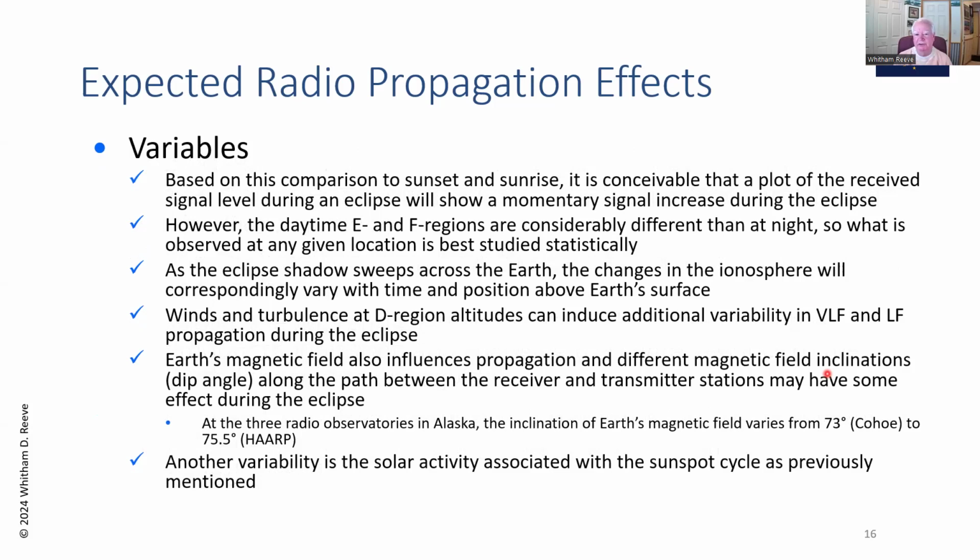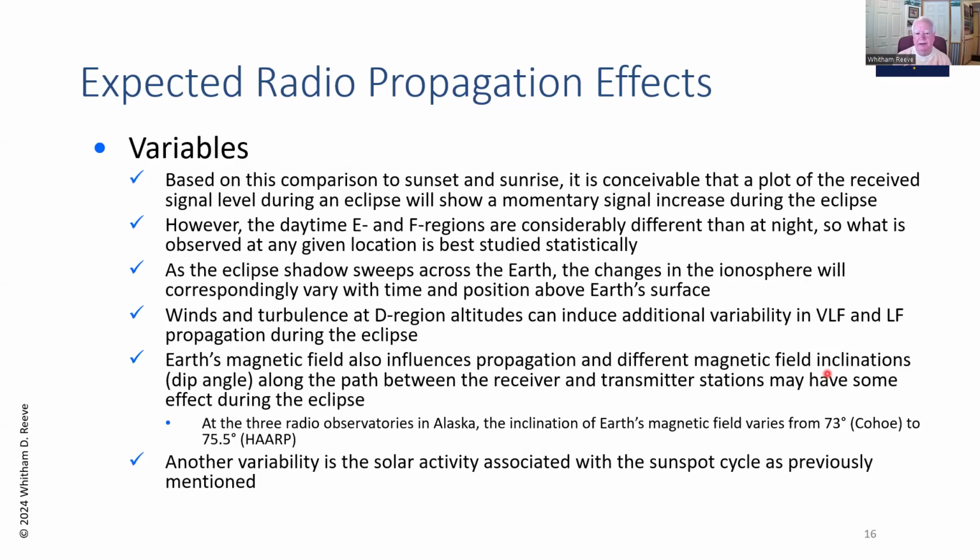As the eclipse shadow moves across the Earth, it changes the ionosphere, so its effects will vary with time and position. Wind and turbulence in the D region are going to affect variability. Earth's magnetic field could cause some effects, and in particular in Alaska, the inclination of Earth's magnetic field is pretty high.